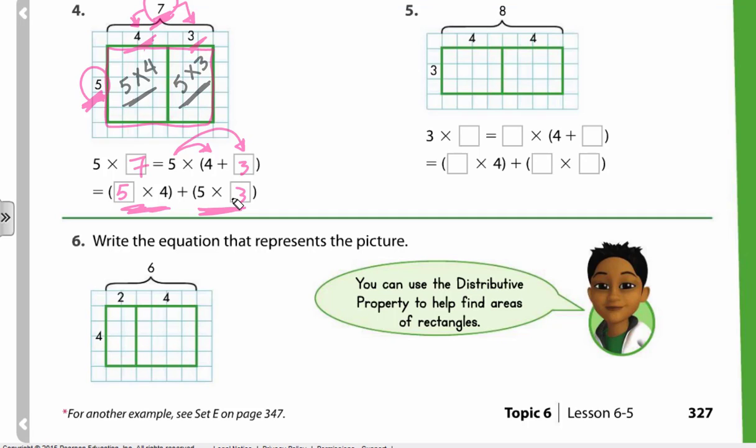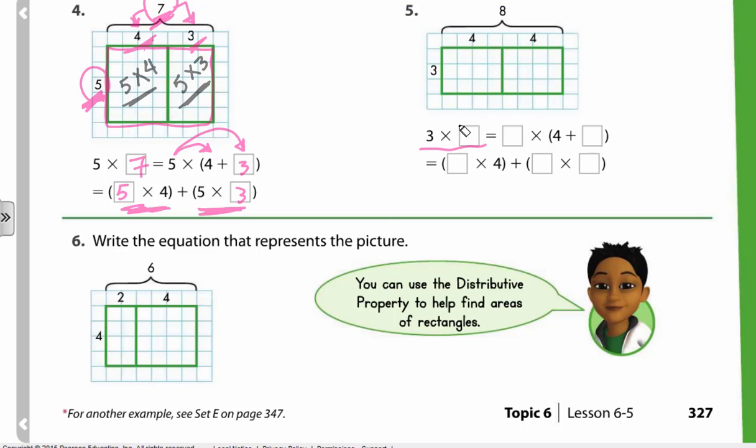Okay, Abdurrahman, we start with the area of the big rectangle. 3 times 4? No, the big rectangle.